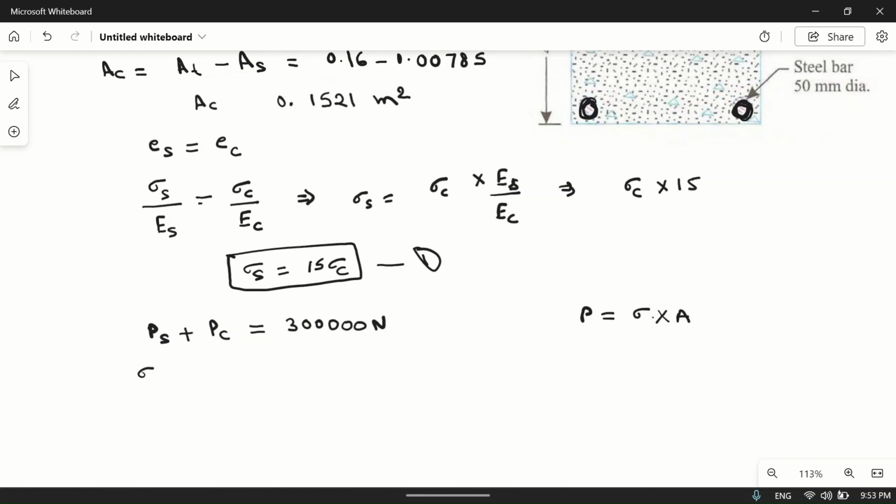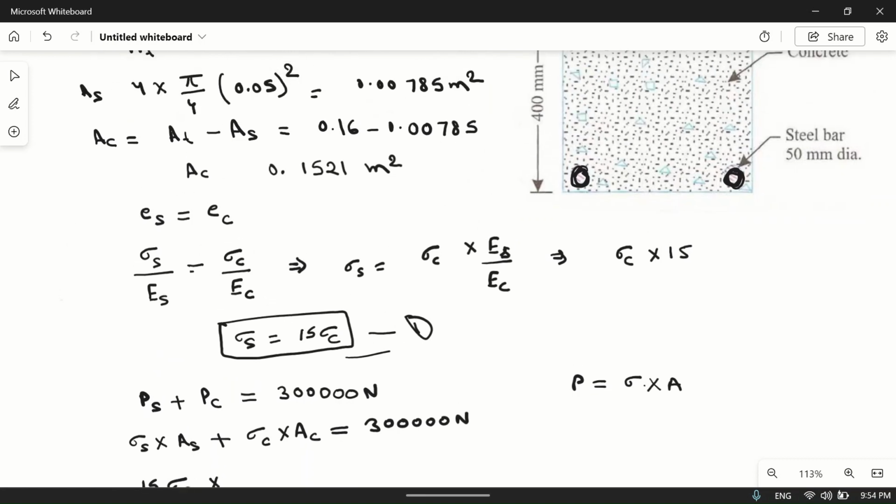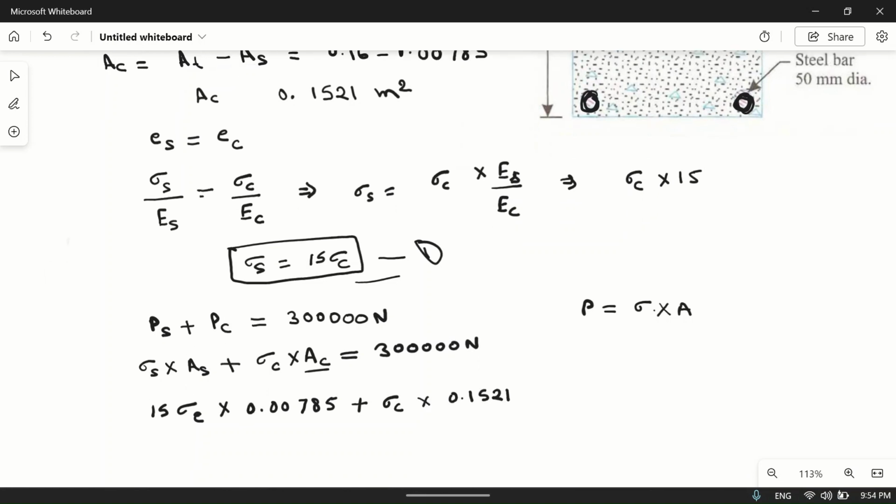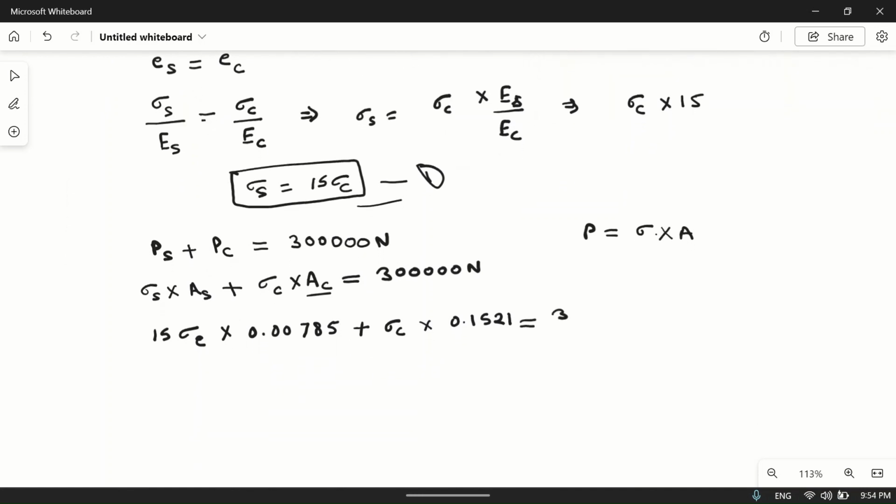So sigma S into area of steel plus sigma C into area of concrete is equal to 3 lakh Newton. Sigma S is 15 sigma C, so 15 sigma C into 0.00785 meter square plus sigma C into 0.1521 meter square is equal to 3 lakh.